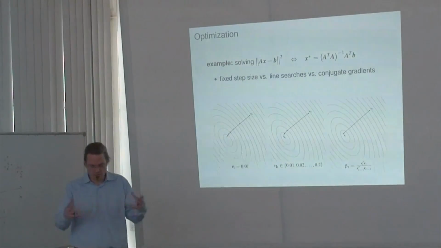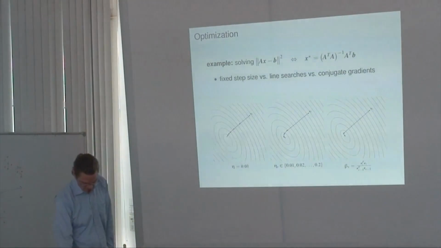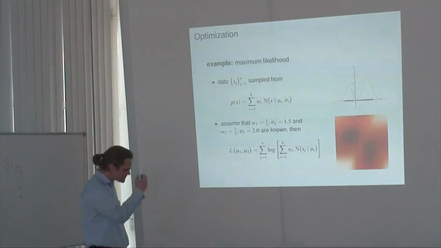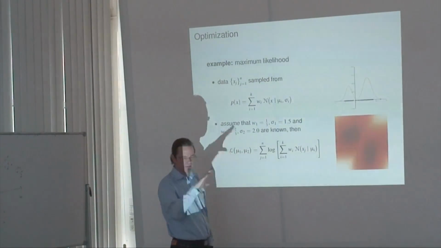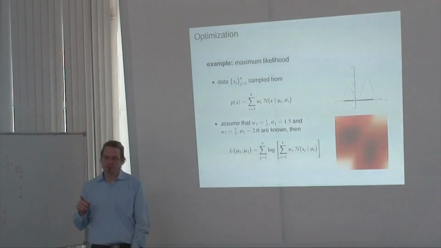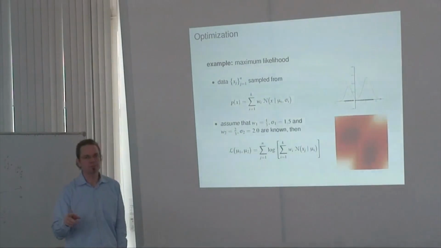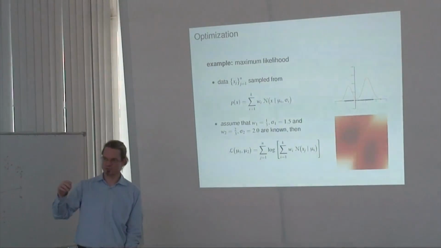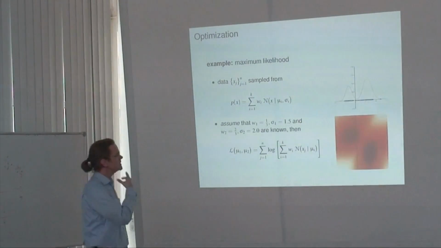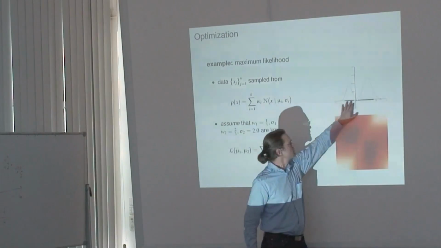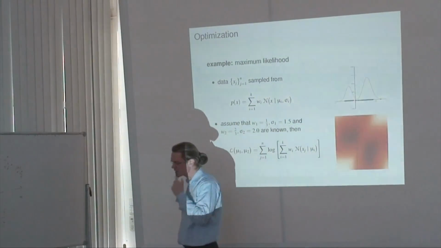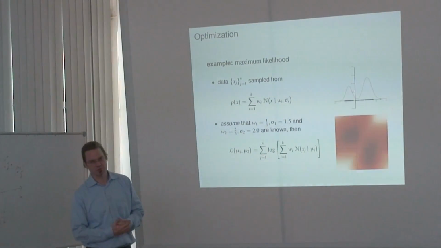There is no clear-cut solution to that. Now, here is just an example of where these things could have popped up in the context of the stuff we have studied so far. Here is a sample of one-dimensional points, which I actually sampled from a mixture of Gaussians.